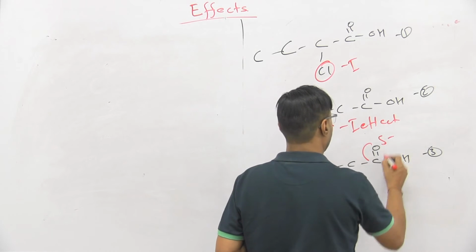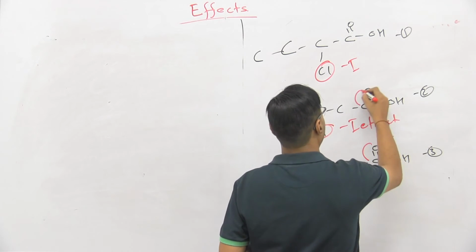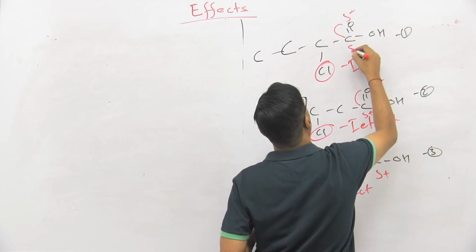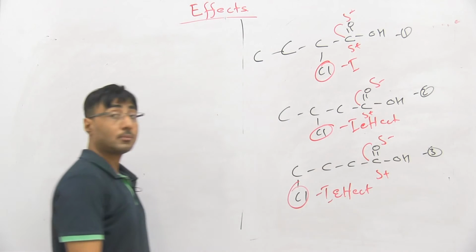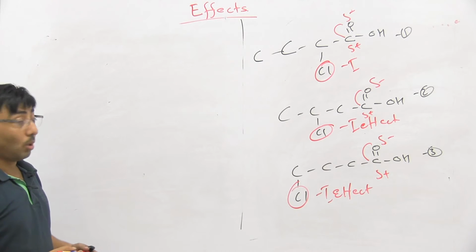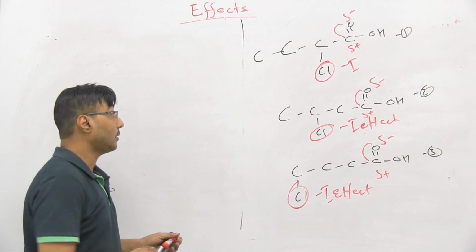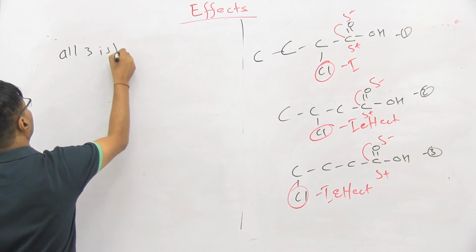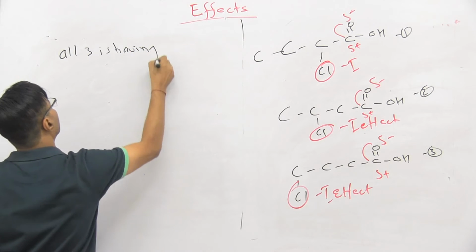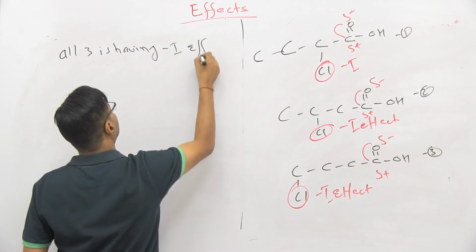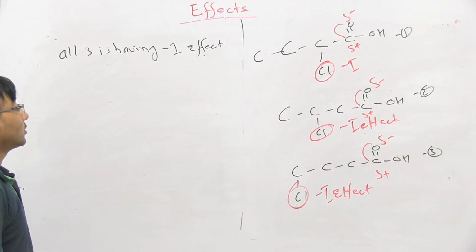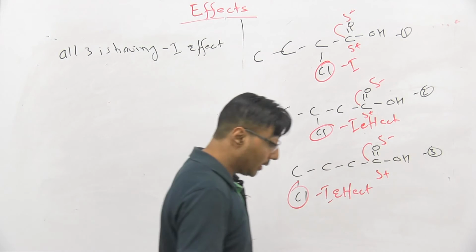The charge separation is delta negative, delta positive, delta negative, delta positive. So all three have minus I effect, so it should be equally acidic.